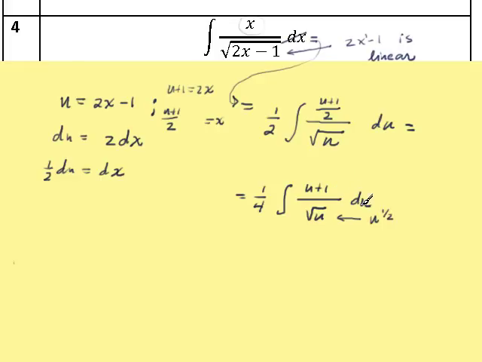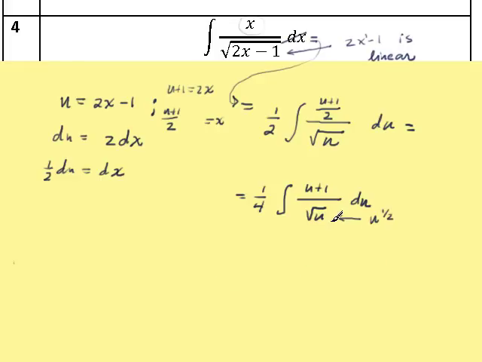We can divide the numerator by u to the 1/2 and use the power rule. So basically that's what we did. We simplified the inner function and we got a simple power. And that's what we always do when we do linear u substitutions. We simplify the inner function so that we get a simple power, something like square root of u or u to the 10th, something like that.